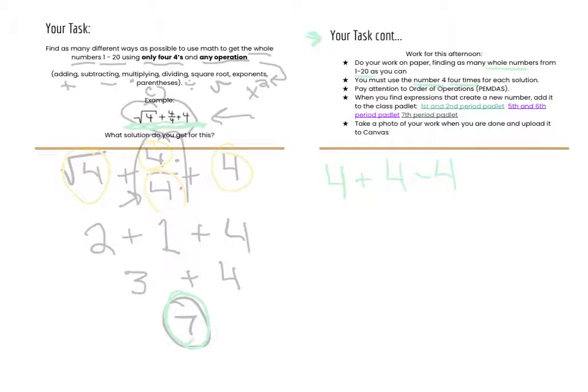I'm now back at 4, because 4 plus 4 is 8, minus 4 is 4. So what else can I do to this? Well, since I'm just experimenting, I saw over on this problem right here that 4 divided by 4 was 1. So I'm going to subtract 4 divided by 4, except wait. Now I've used 1, 2, 3, 4, 5 fours.